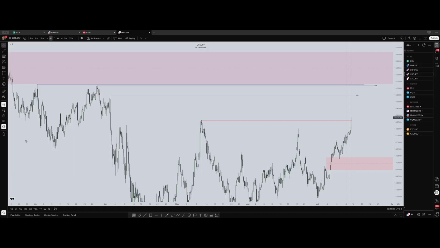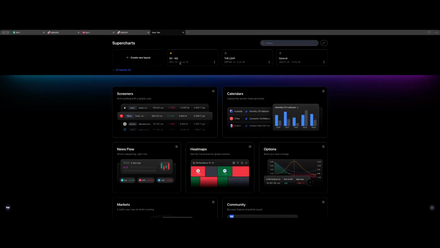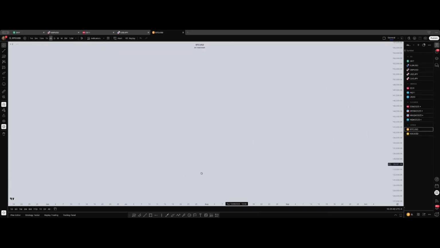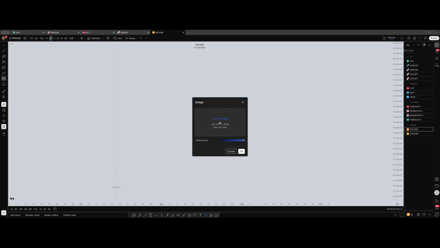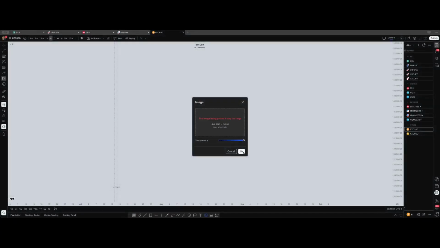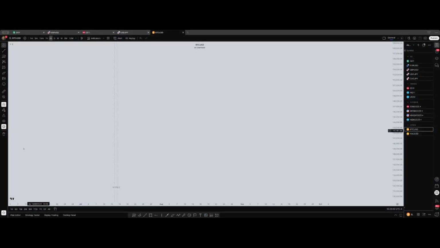What do you have here? Okay, give me 1 second. I can't put the image, it's too large.